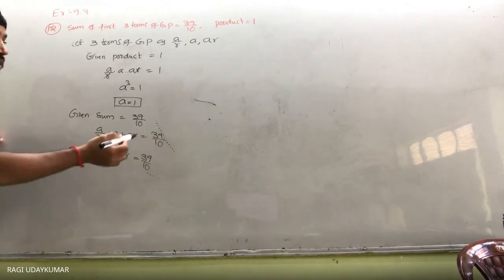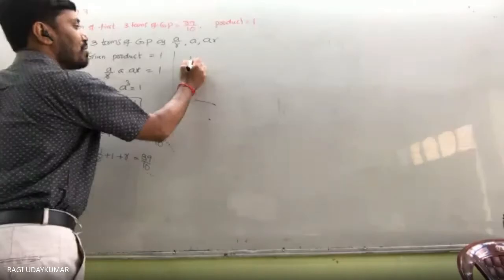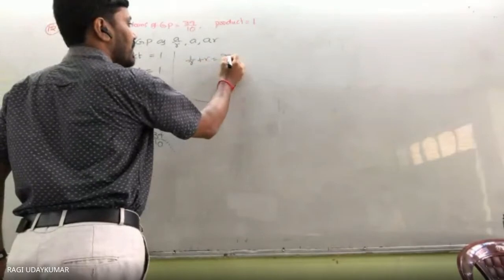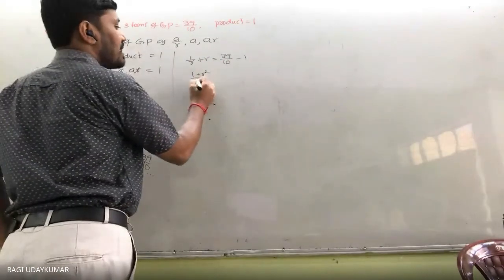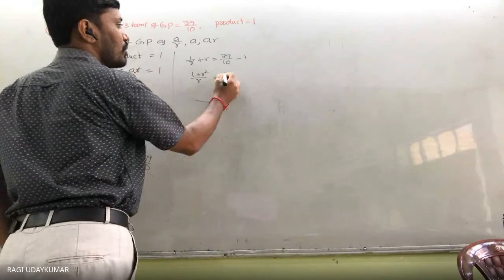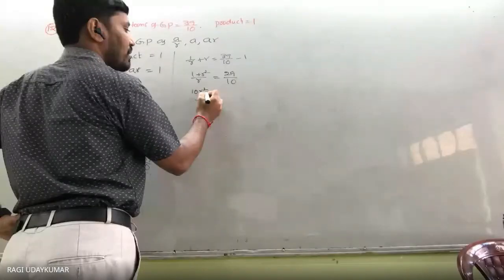Taking 1 to the right side, 1 by R plus R is equal to 39 by 10 minus 1, so 1 plus R square by R is equal to 29 by 10. Cross multiply: 10 R square plus 10 is equal to 29 R. So 10 R square minus 29 R plus 10 is equal to 0.